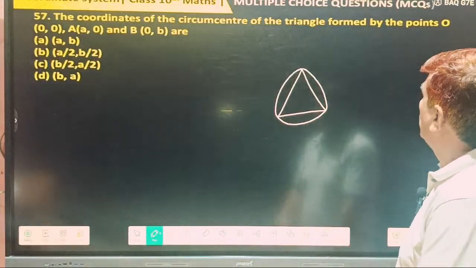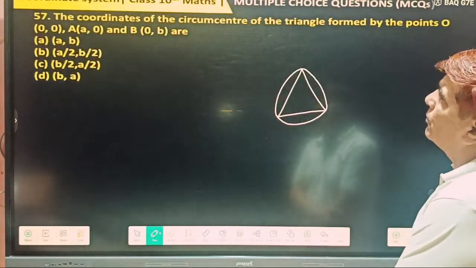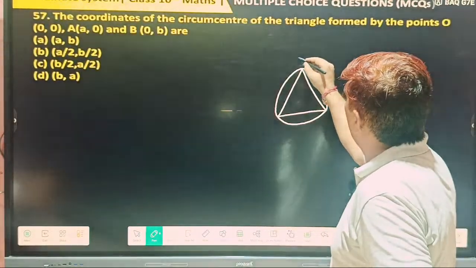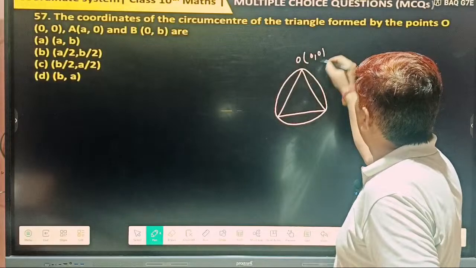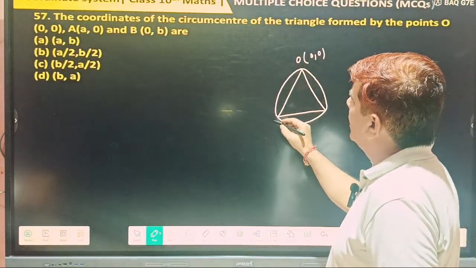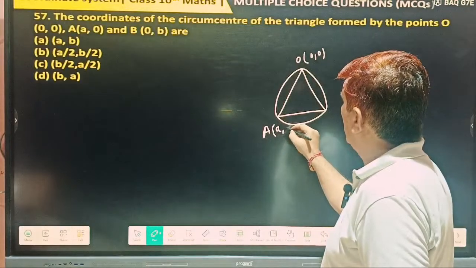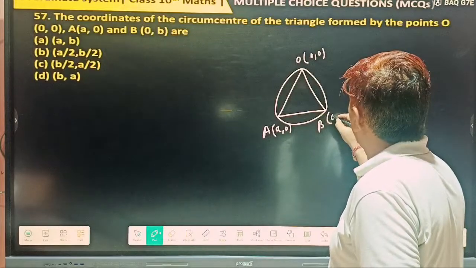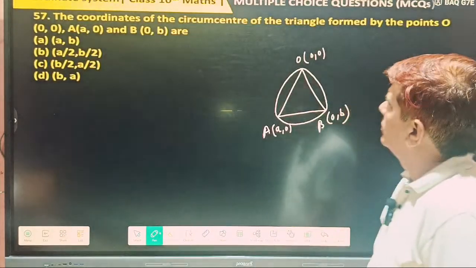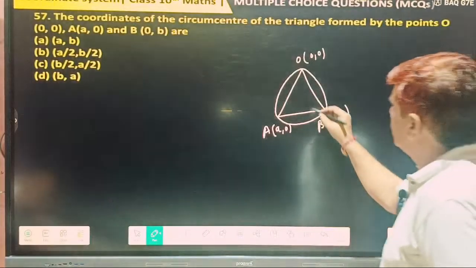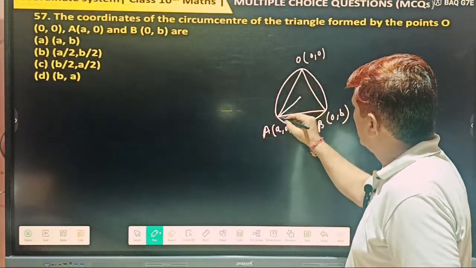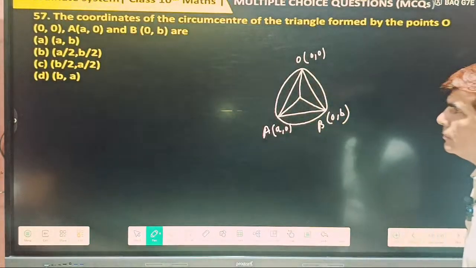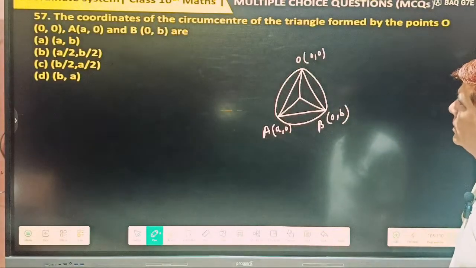The circumcenter of a triangle formed by the points O, which we have taken as 0, 0, A as A and 0, and B as 0 and B. This is the point.